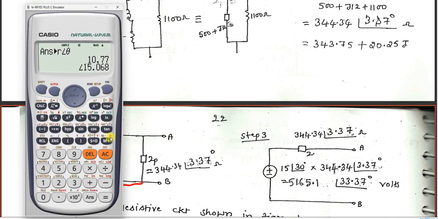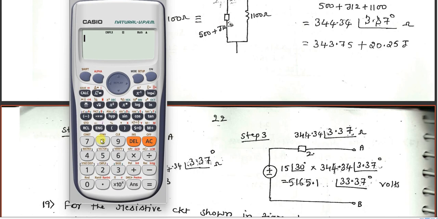I'll show you one calculation now. The I value is 15 angle 30, multiplied by the impedance 344.34 at an angle 3.37.